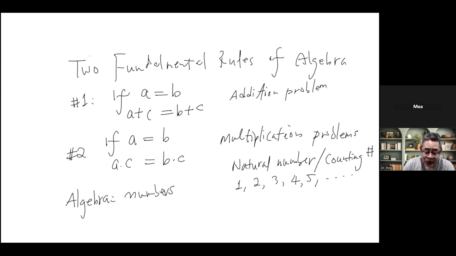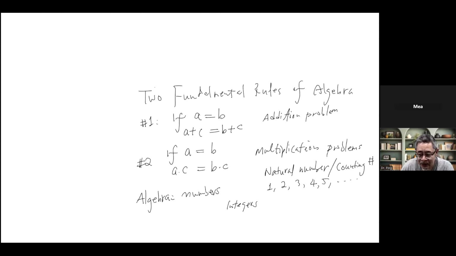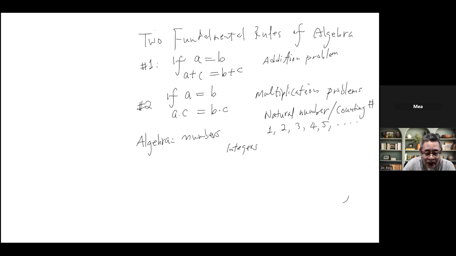And now, the next number is called integers. Actually, before the integers, we have a number called whole number.